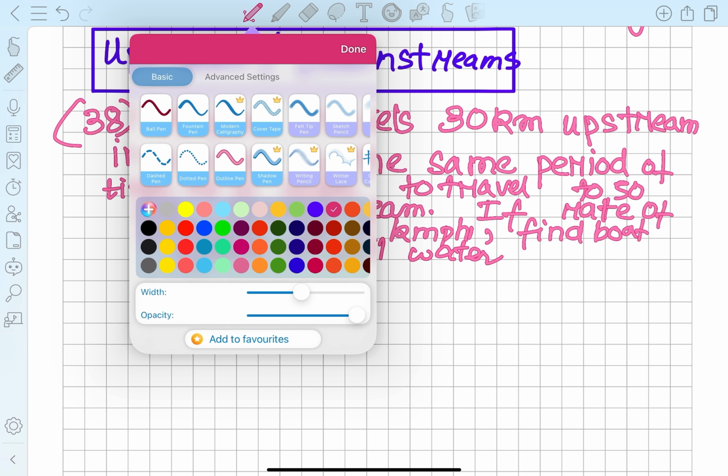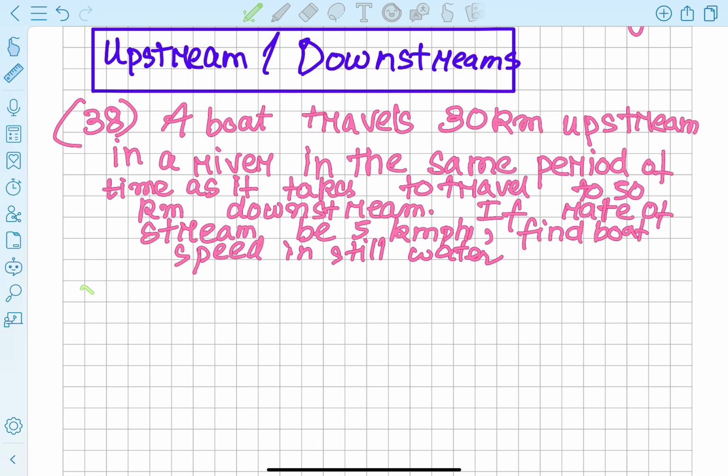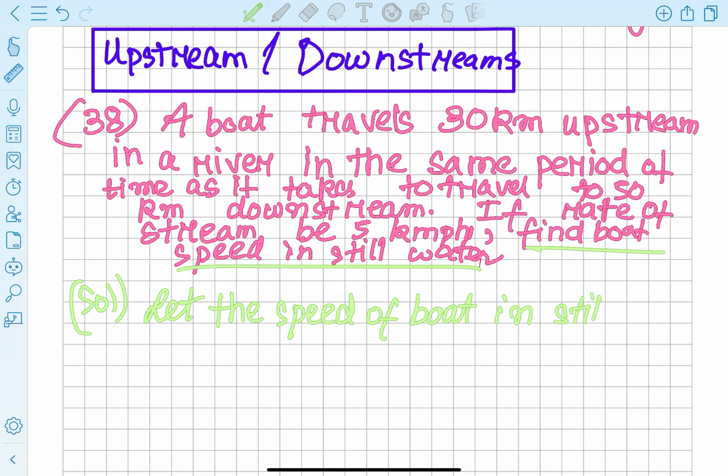whatever they are asking you to find, first you write down, let that be x. Like here they are asking you to find the boat speed in still water, so let me write: let the speed of the boat in still water be x kilometers per hour.